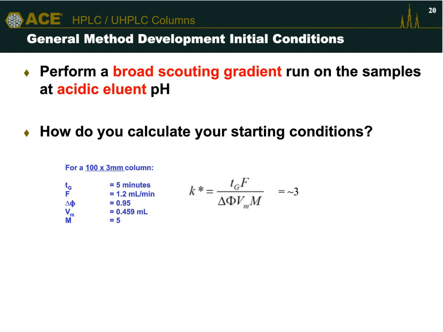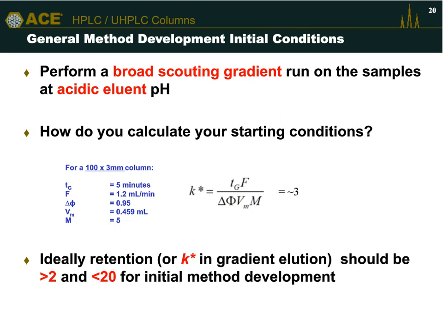For gradient chromatography, their dimensions, and from that you can calculate your flow rate, and of course depending on the type of system you have, what your maximum pressure is. And we know from the work of Dolan and Schneider and so on that they generally recommend a k-star retention factor in gradient chromatography of greater than 2, but less than 20 for your initial method development.